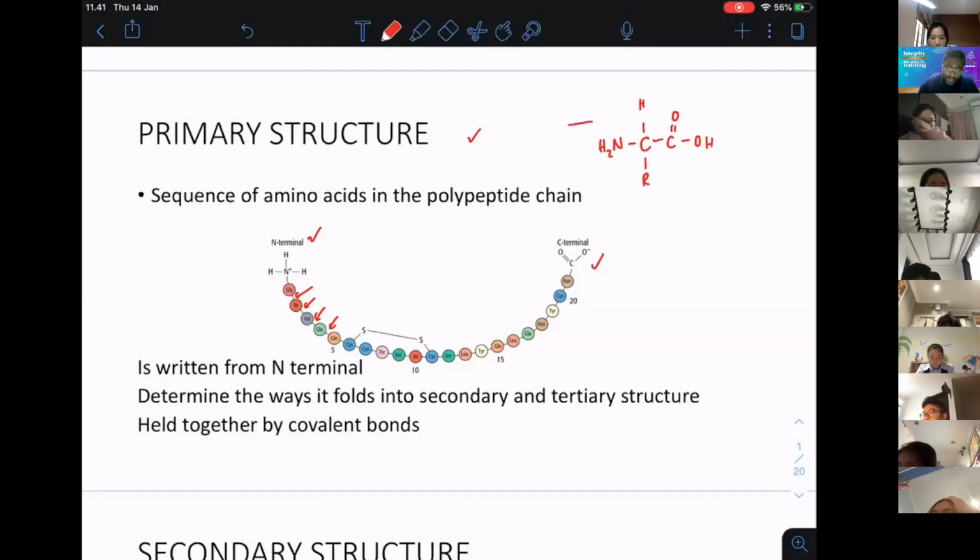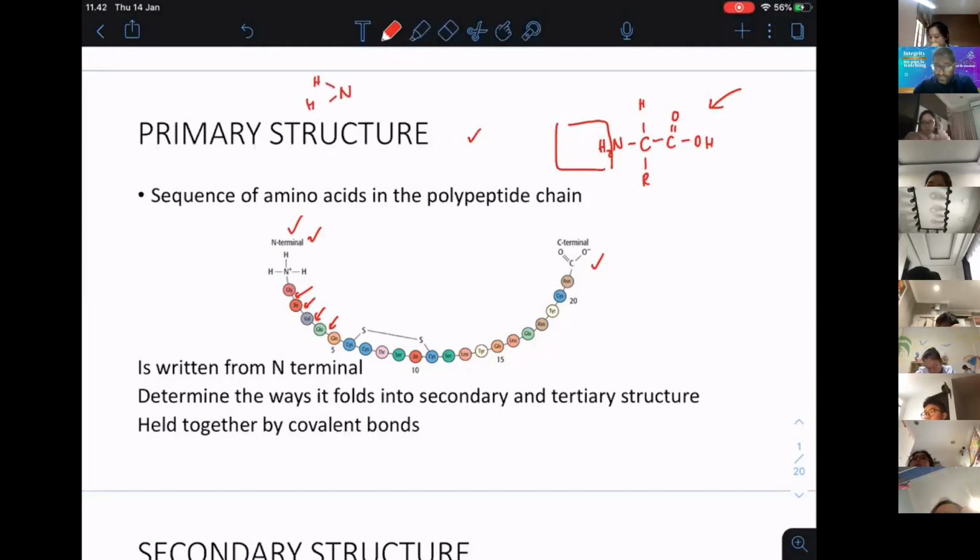If I do another polymerization with another amino acid, this part will be at the end. When I keep doing polymerization, there will be NH2 at the end. That's why it is the N terminal.